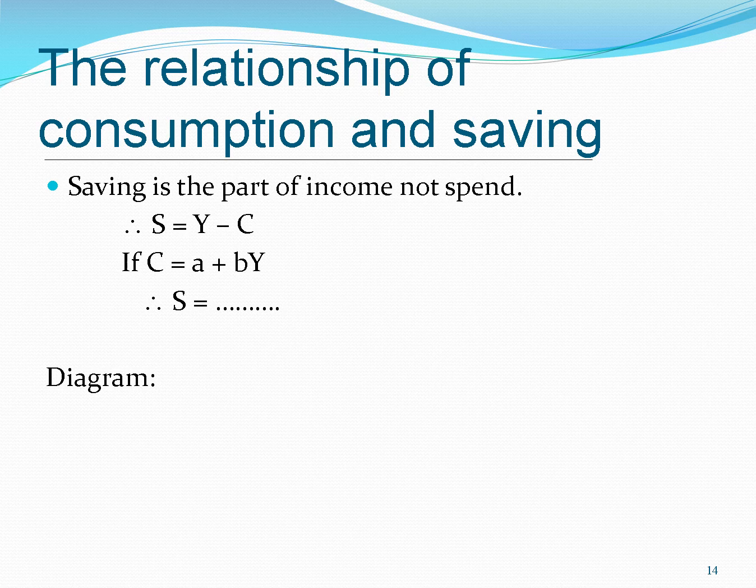The relations of consumption and saving. Saving equals Y minus C. Actually, Y equals C plus S. It means some of your income you will save, and some of your income you will use for consumption or expenditure.